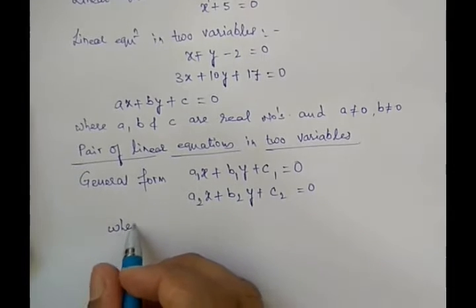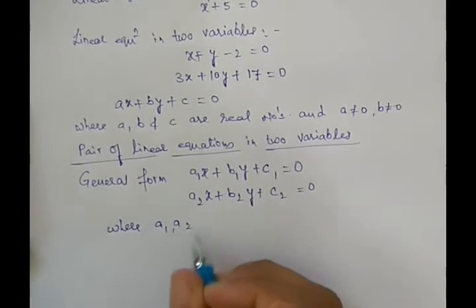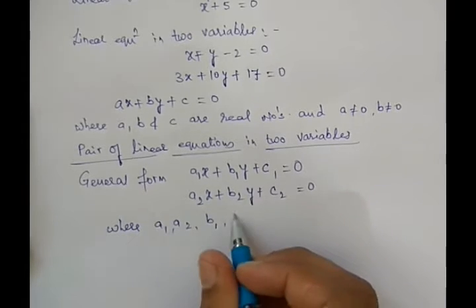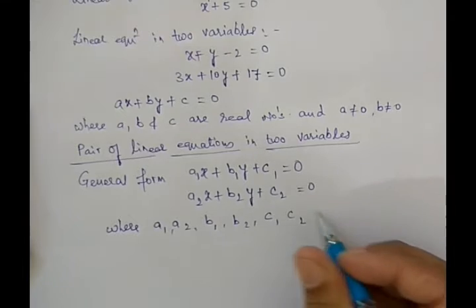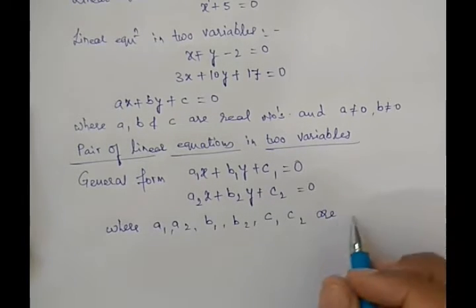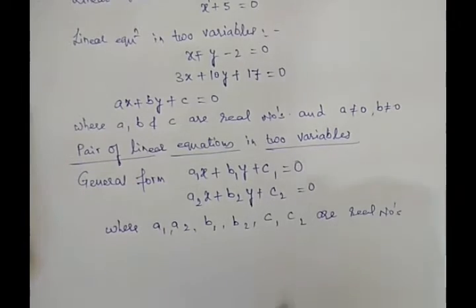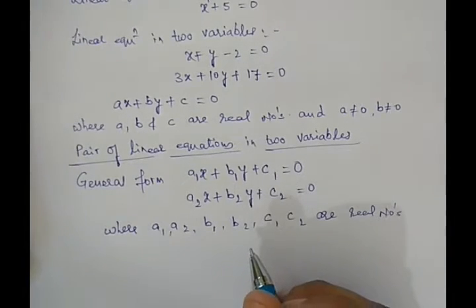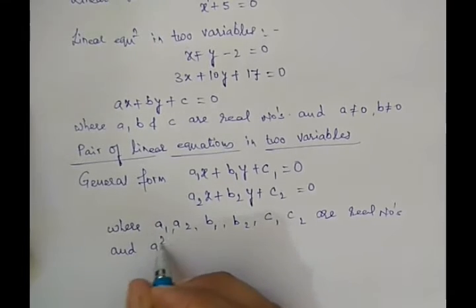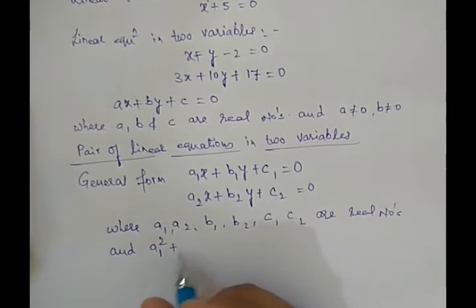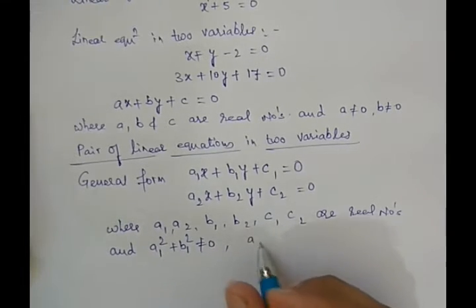where a1, a2, b1, b2, c1, c2 are real numbers, and a1 square plus b1 square is not equal to 0.